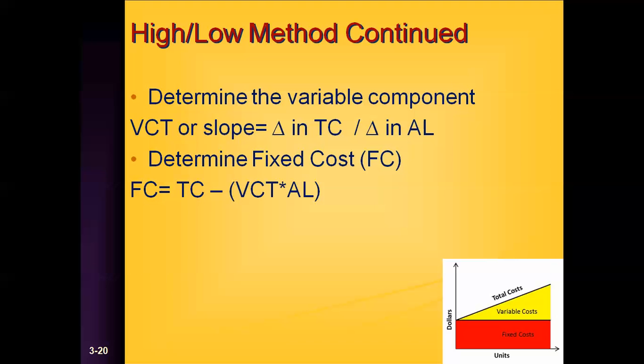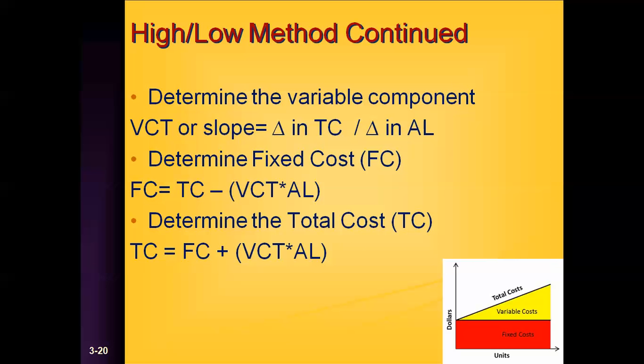That's an equation that you want to make sure you get in your notes. And then the determination of total cost would be total cost equals fixed cost plus the variable component, or VCT, times activity level. Okay, again here, make sure you've got these all in your notes.